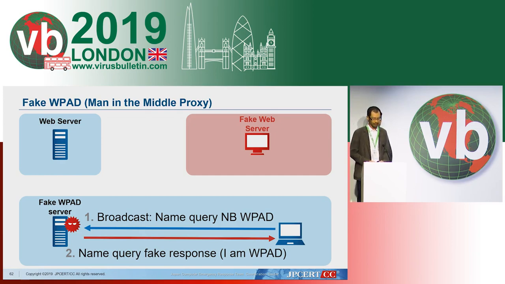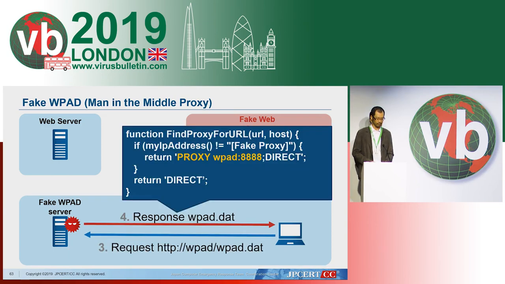The attacker leverages this feature and conducts an attack by disguising itself as a fake WPAD. Even in an environment where WPAD is not used, the attacker can obtain the configuration script based on the browser's configuration. The fake WPAD server sends a fake reply to a user host, pretending to be a proxy server.